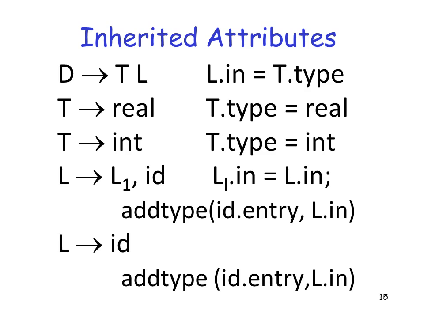So here in the production, capital D stands for declaration. D gives TL, and capital T stands for type, L for the variable. So int a: int is T, L stands for a. If int a comma b is the case, that is to be dealt with by the production L gives L1 comma id.